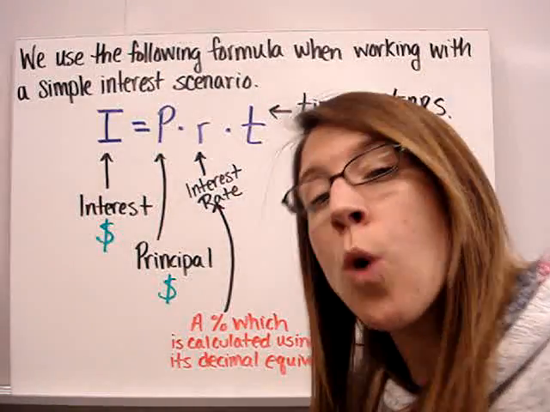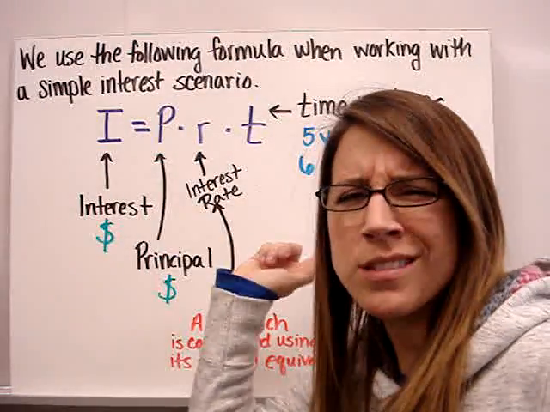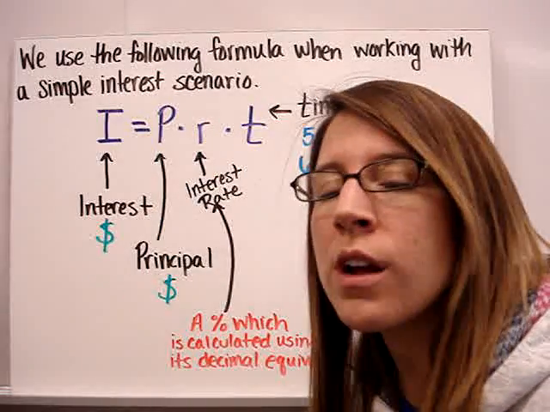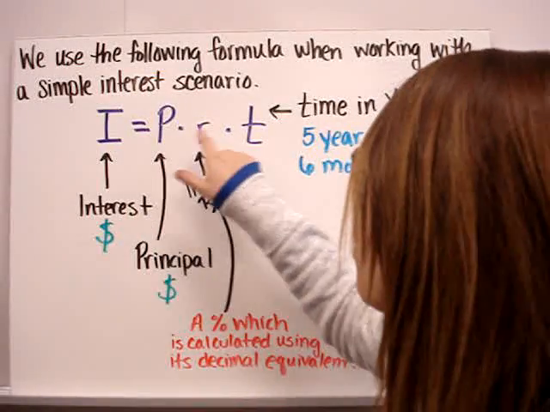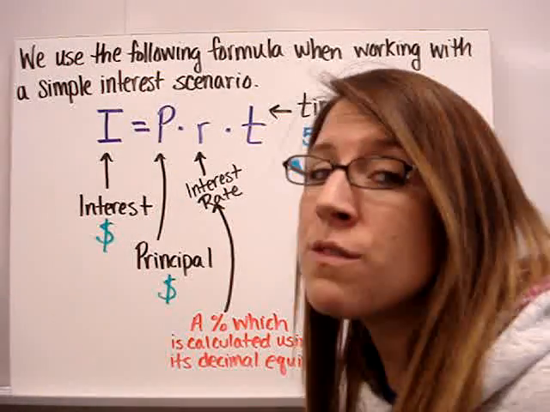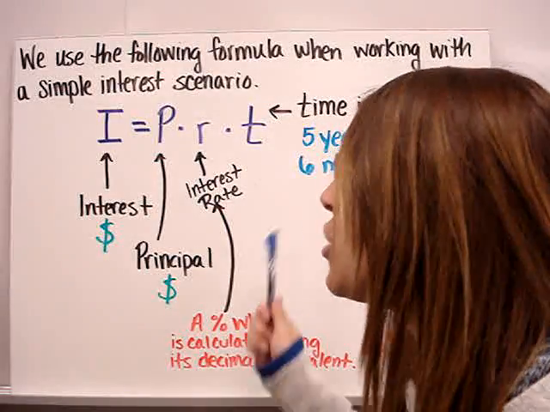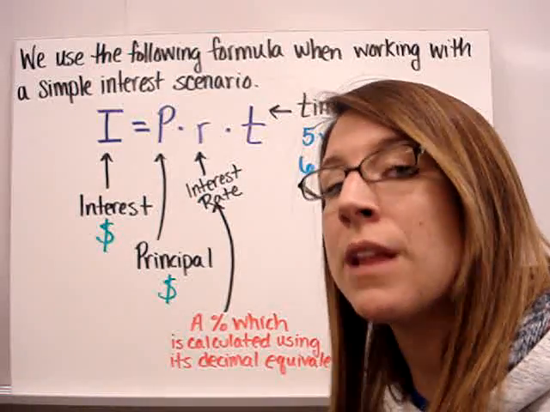The formula doesn't work if you put principal equals I times R times T, or if you want to switch R and I, it doesn't work. The only thing that can be moved around or switched is the order of these three because of the commutative property of multiplication.